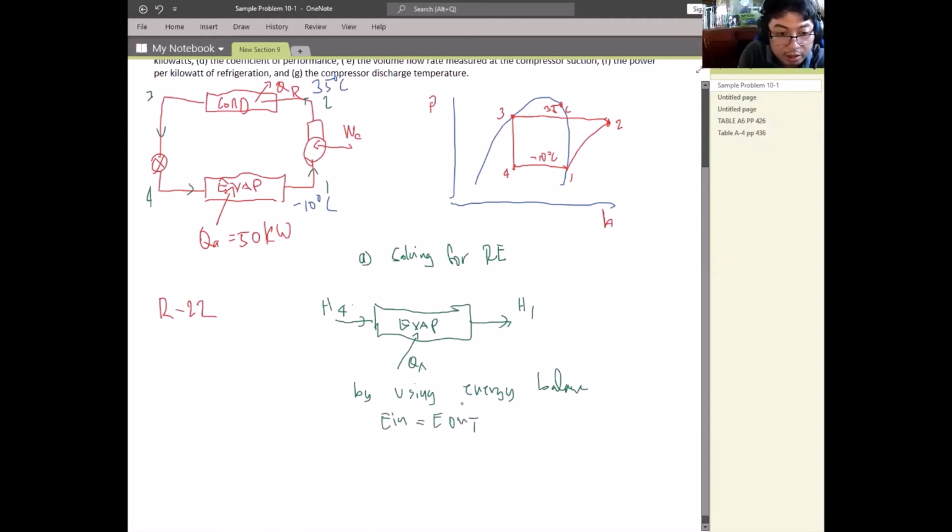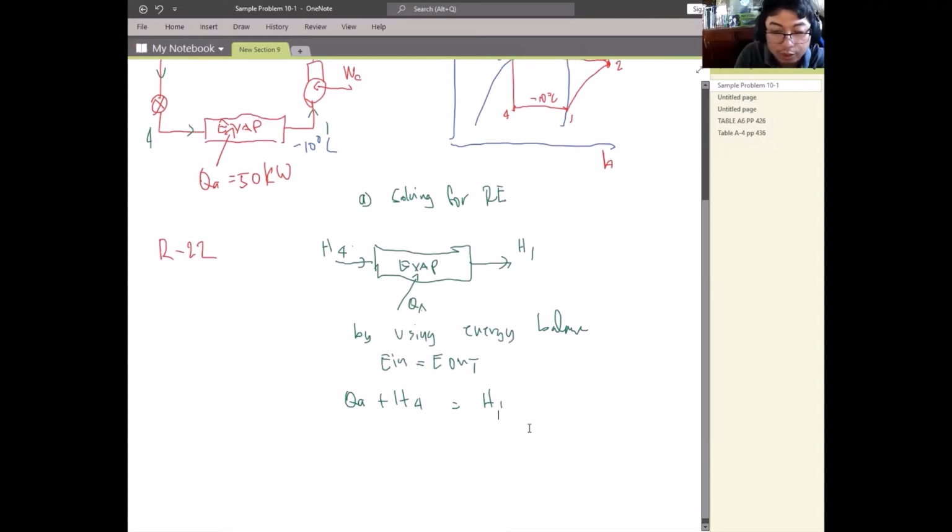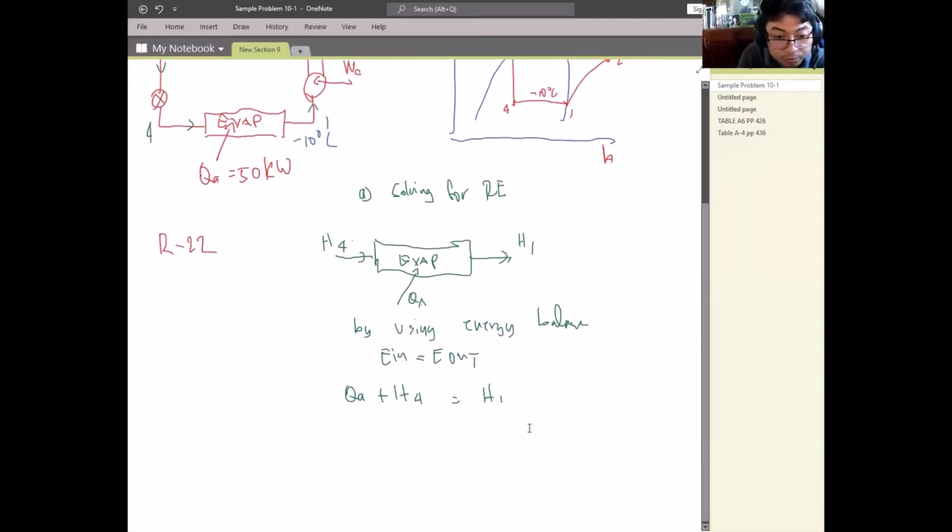The energy in is only the heat addition and the enthalpy 4, then the evaporator has enthalpy 1 for the outward energy.